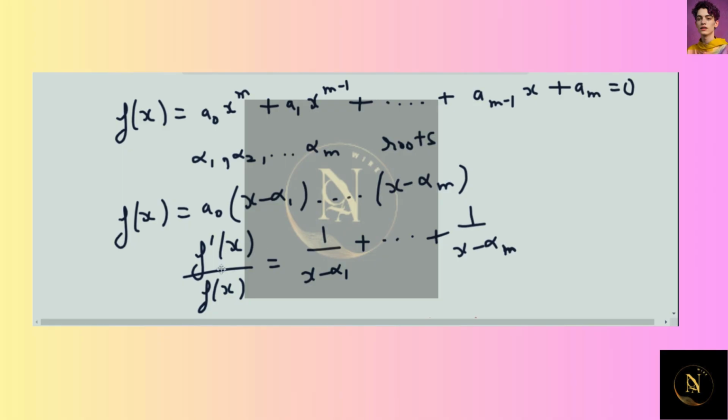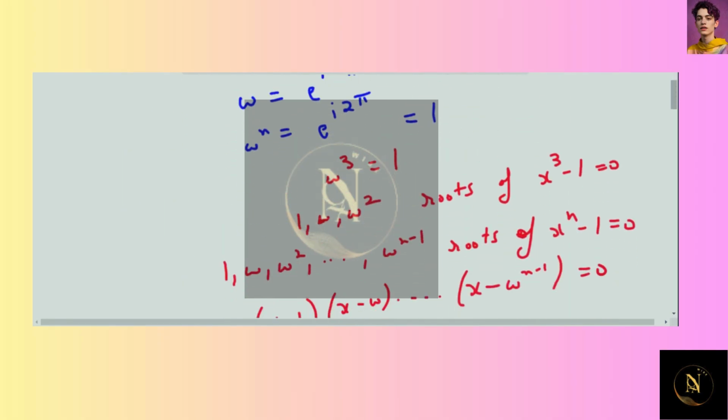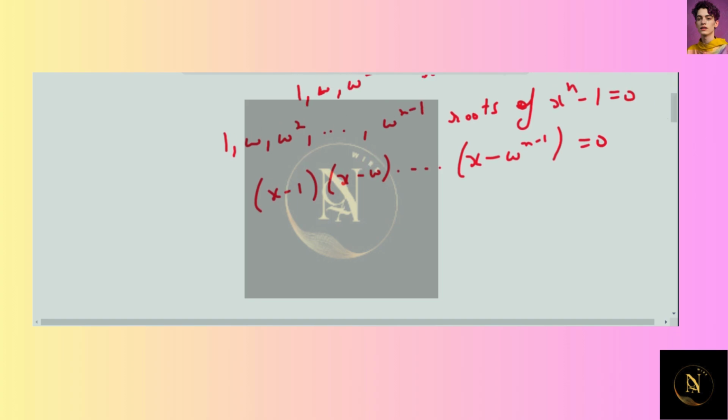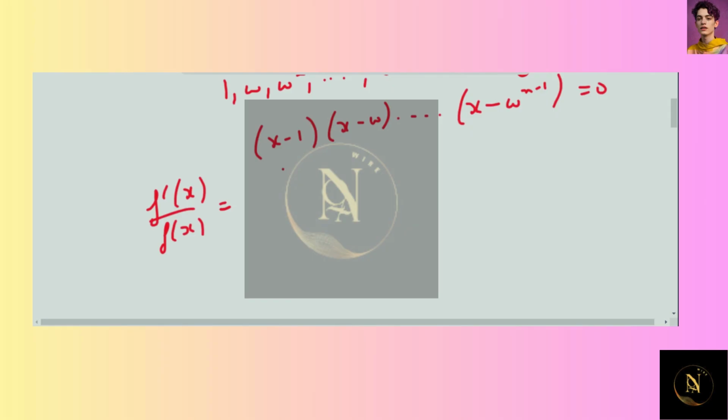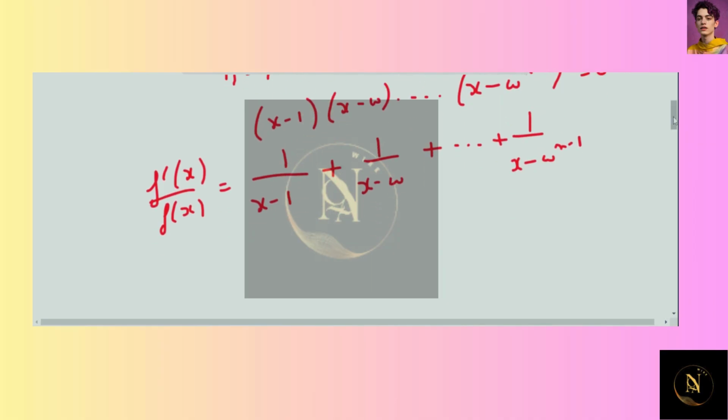So we can write f'(x) over f(x) as 1 over (x − alpha 1) plus 1 over (x − alpha 2), and so on, 1 over (x − omega to the power n − 1).